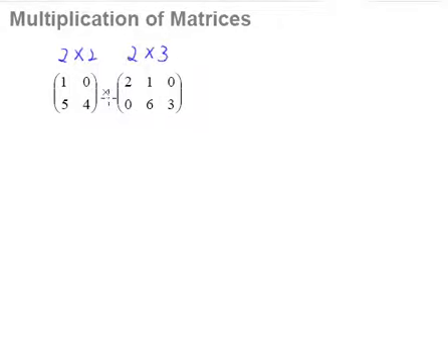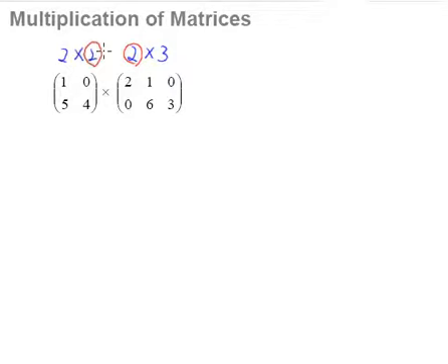Now we have to analyze the order of the two matrices in order to decide if they are multipliable in the first place. How do we do that? Well, we pay attention to the digits here. The first thing we look out for will be the last digit of the order of the first matrix and the first digit of the order of this matrix, which means that we take a look at the number of columns for this and the number of rows for this matrix.